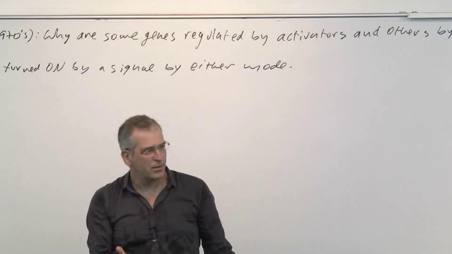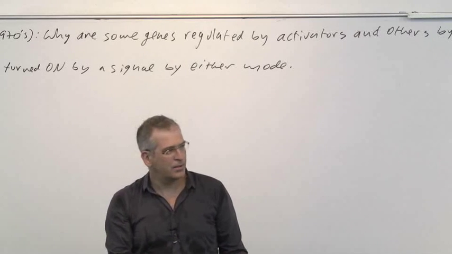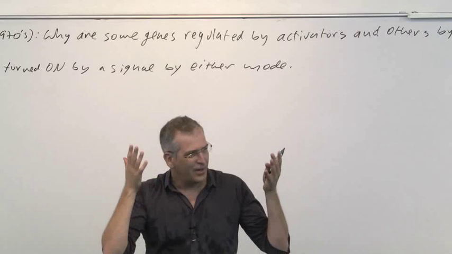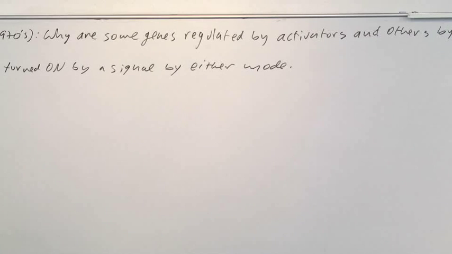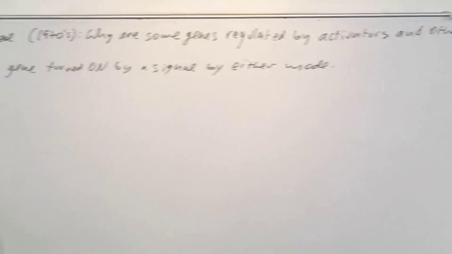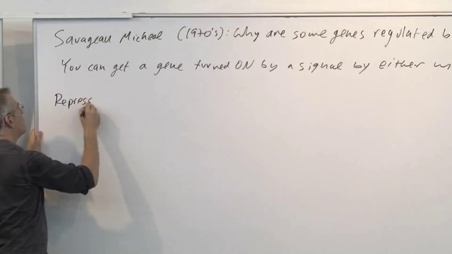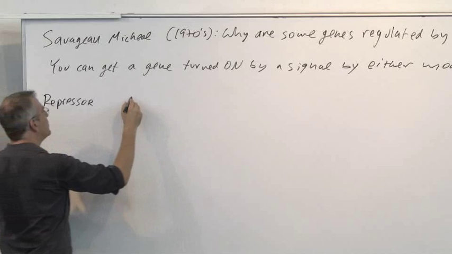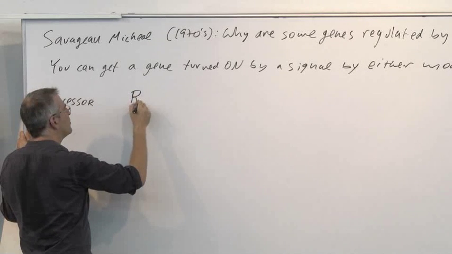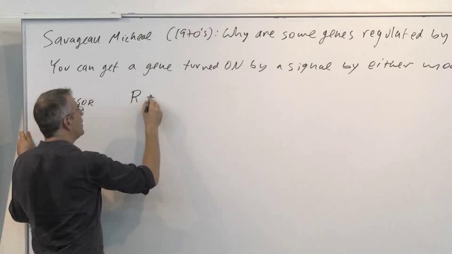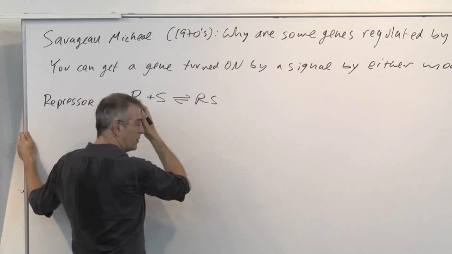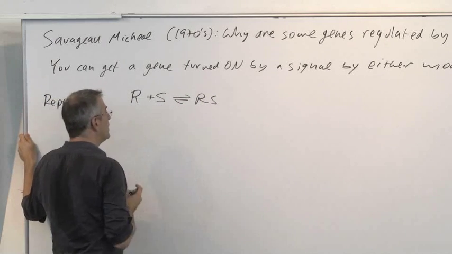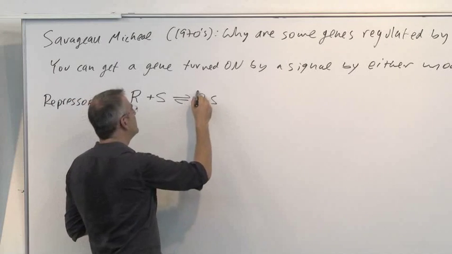You can turn on a gene. Let's start with a repressor. You have the repressor, and you have your signal, and they make this complex.